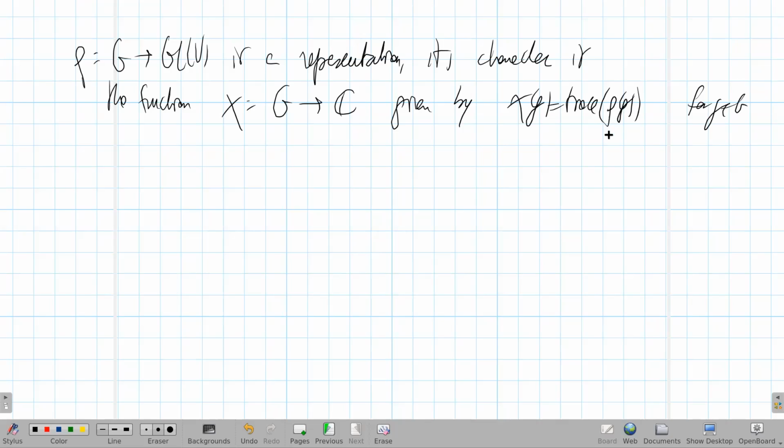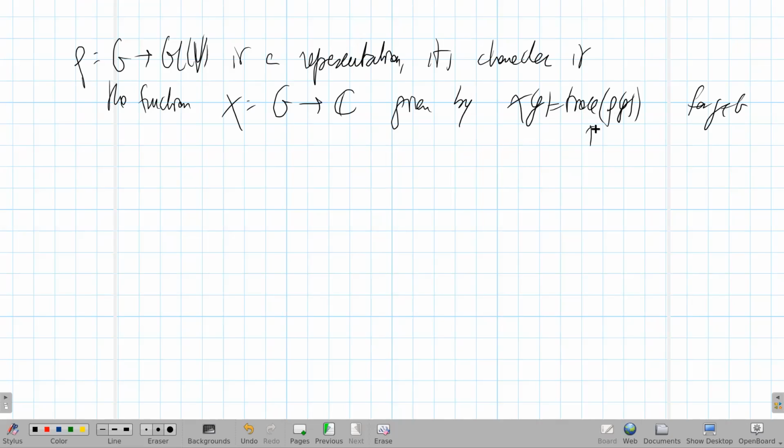Note that I have never clearly distinguished whether GL(V) is just the group of invertible linear maps or whether it's a group of matrices. Of course, as I recall saying several times, it's a group of matrices once you choose a particular basis. But this is independent of the basis, because changing a basis means conjugating the matrix, and the trace, as you know, is invariant under conjugation because the trace of a product AB is the same as the trace of BA.